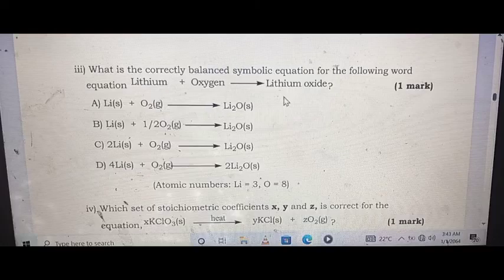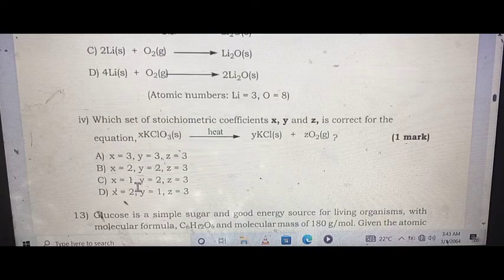What is the correct balanced symbolic equation for the following word equation? Lithium reacts with oxygen to form lithium oxide. The correct answer is letter D, 4 lithium reacts with oxygen to form 2 lithium oxide.